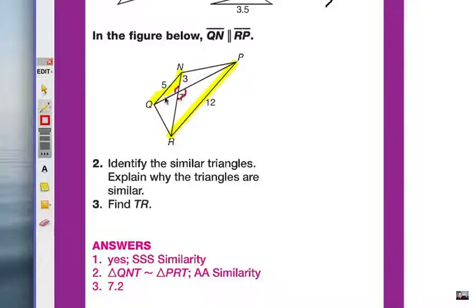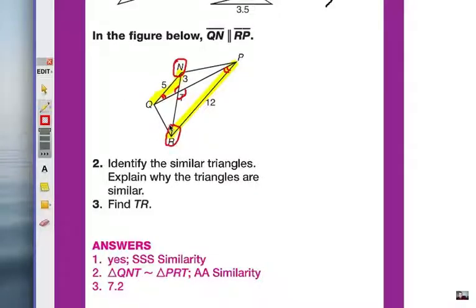Then we also have this angle here, the small one inside there at Q, because of the parallel line, is congruent to that angle there because that's alternate interior angles. Okay? And then this angle here, which is one of those at N, is congruent to that one at R, same reason.